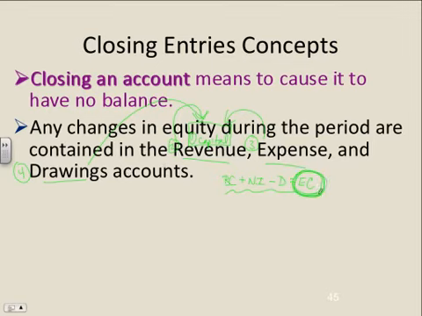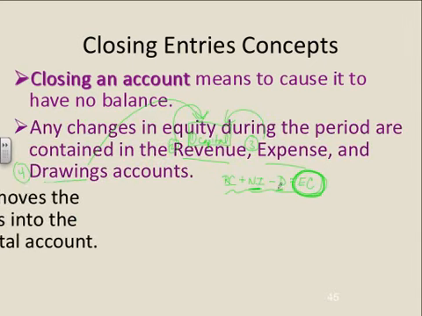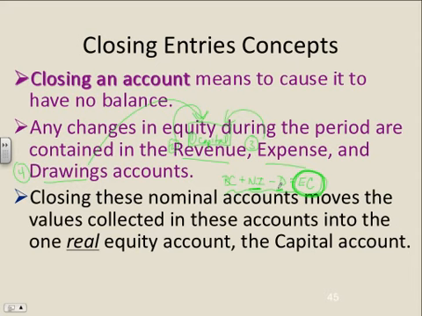It'll be our new ending capital, and we'll have put our net income in there and our drawings. Closing these nominal accounts moves the values collected in these accounts into the one real, or permanent, equity account, and it's capital.